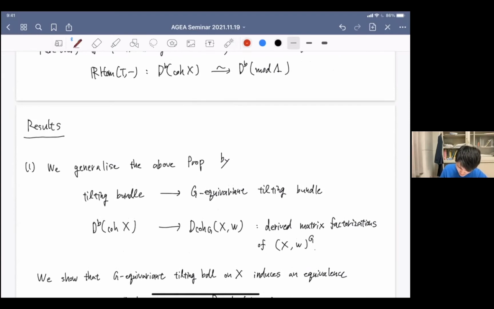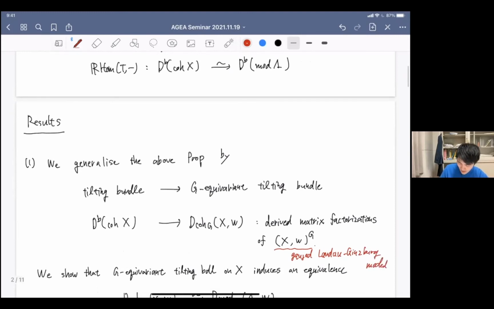And this is called a gauged Landau-Ginzburg model. And X is a variety, and W is a regular function on X, which is semi-invariant with respect to the G action.